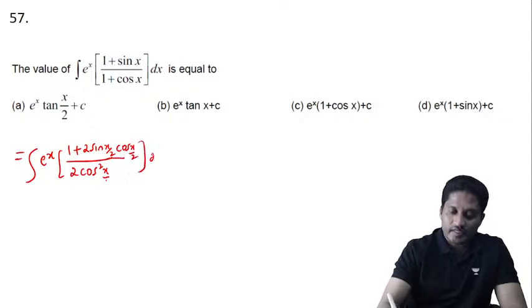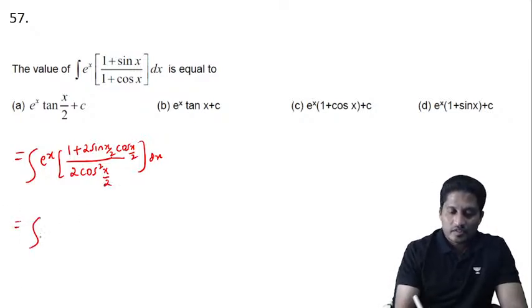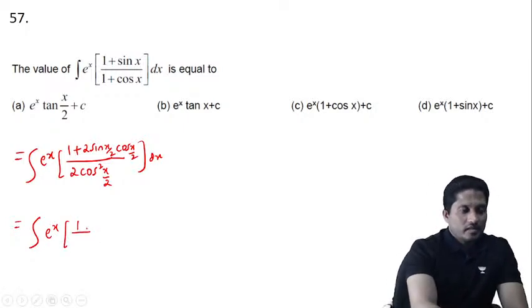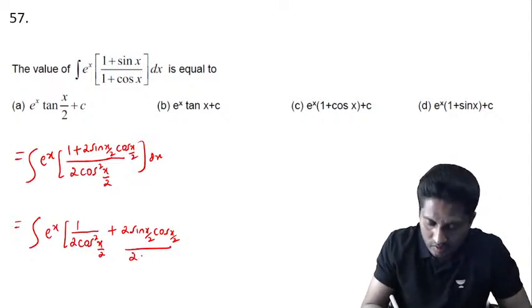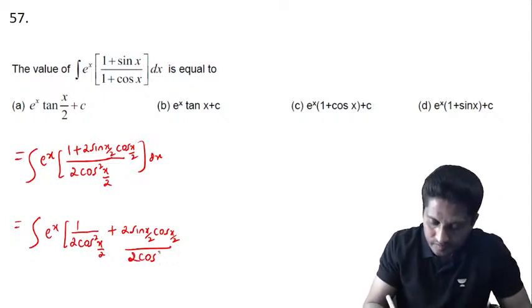Now if I separate them, this is e power x into a bracket, 1 divided by 2 cos square x by 2, okay, and then plus this is 2 sin x by 2 and cos x by 2, and 1 plus cos x is 2 cos square x by 2. And then this is dx.